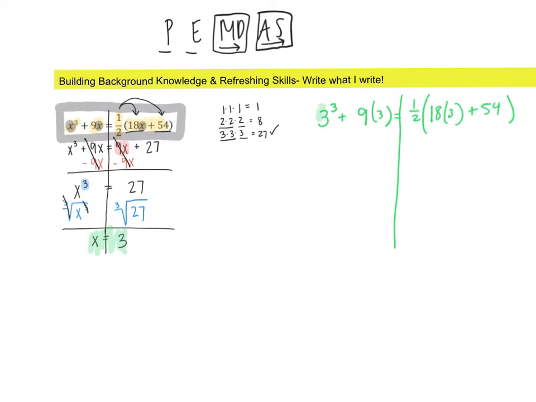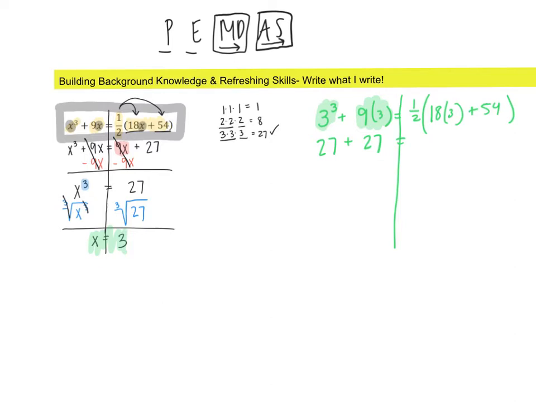Okay? First step, I'm going to do 3 cubed. 3 times 3 times 3, I already did that off to the side. It's 27. 9 times 3, this is the next thing I'm going to do. 9 times 3 is also 27. Okay? On the right side, I have to do parentheses first.